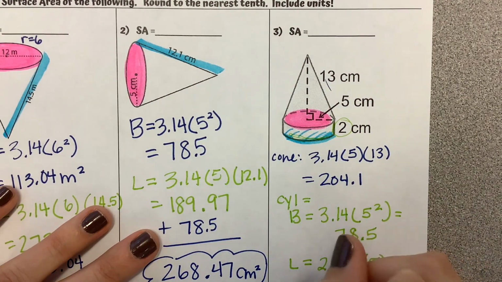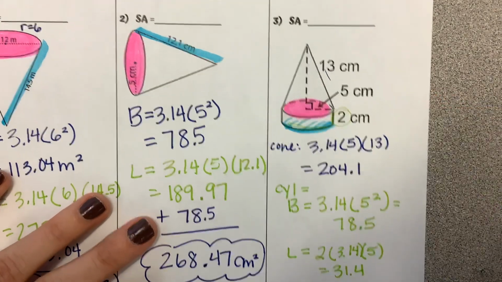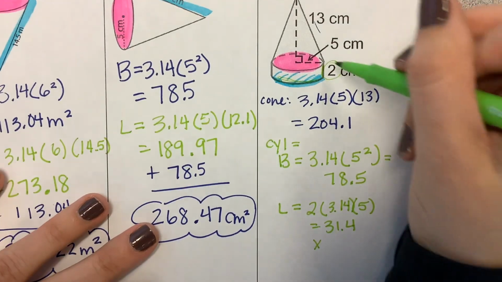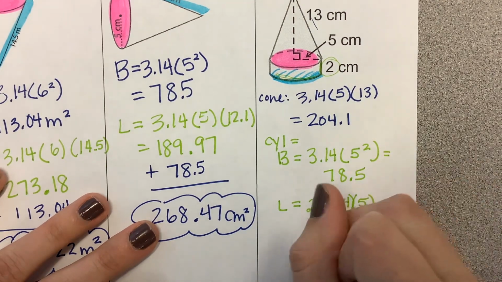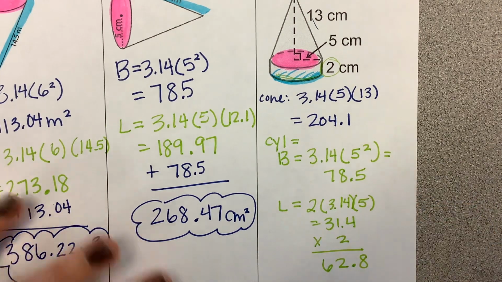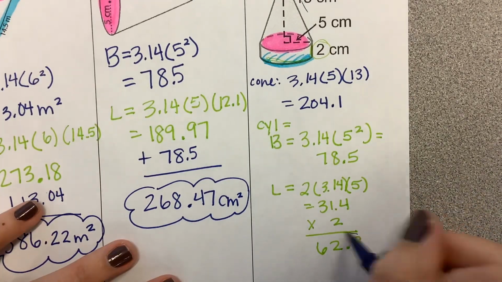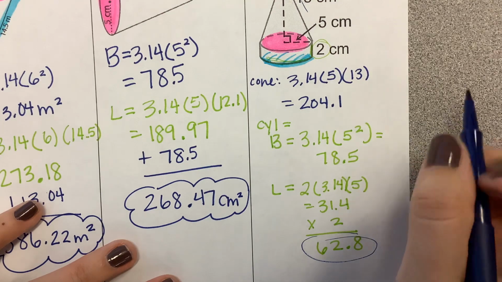Then I'm multiplying that times the height of that cylinder, which is 2. And we get 62.8. So this is our lateral surface area.